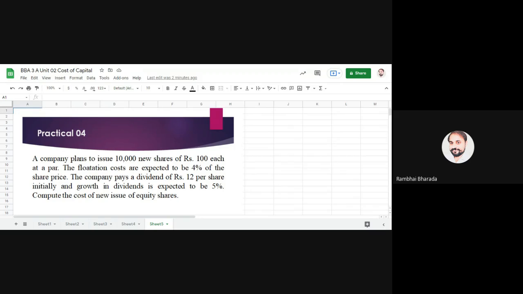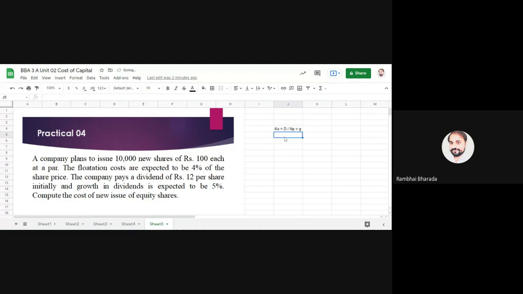Okay, here there is a possibility of 5% growth. Now put the values in the formula. So for that we need a formula. KE is equal to D divided by NP plus G. Remember, whenever the girlfriend comes, we will keep her behind, and in calculation also we will keep her behind. Okay, in everything we will keep her behind, we will never put her in front.